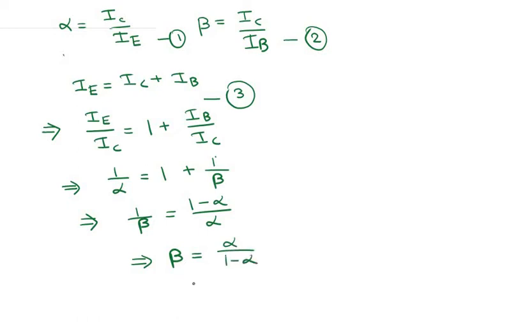We can also express alpha in terms of beta. If we rearrange the terms in this equation, we will find that alpha is equal to beta divided by 1 plus beta. So these are the two relations, or this is actually one relation written in two different forms.